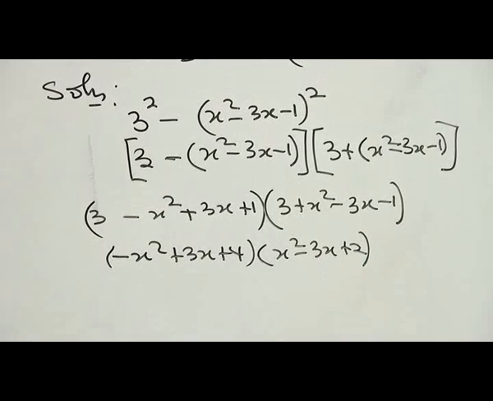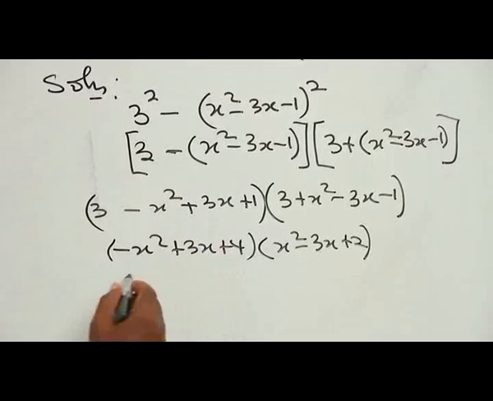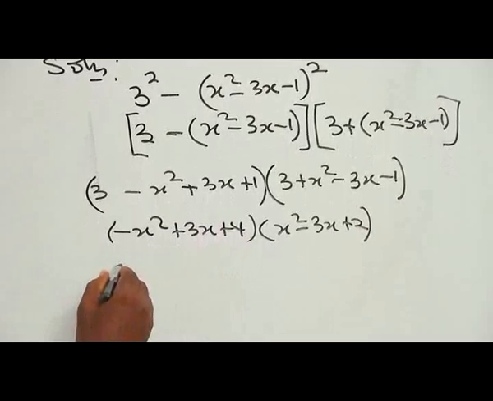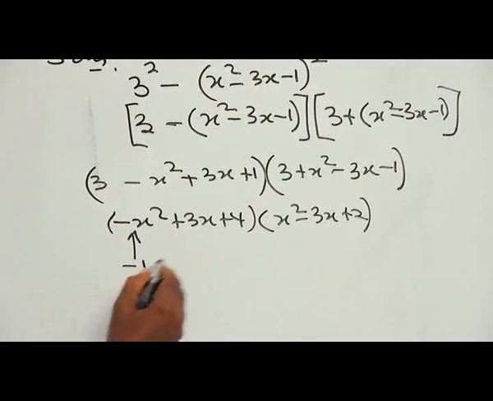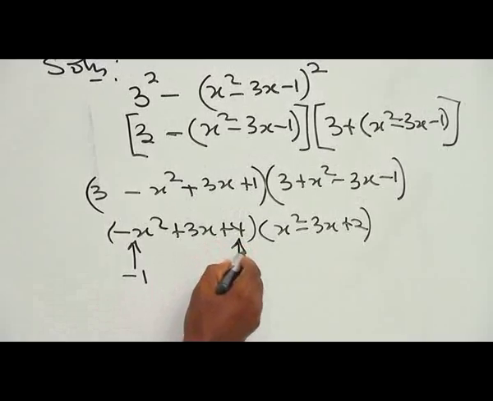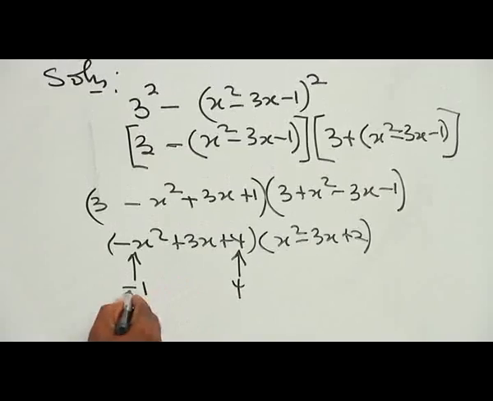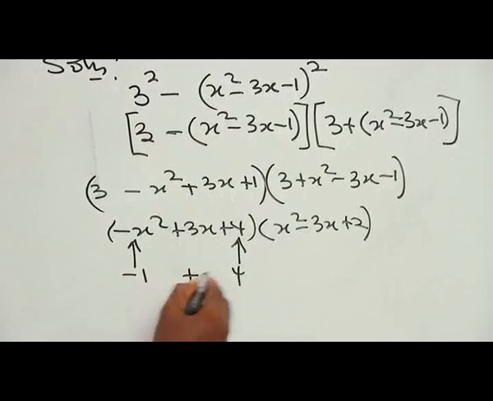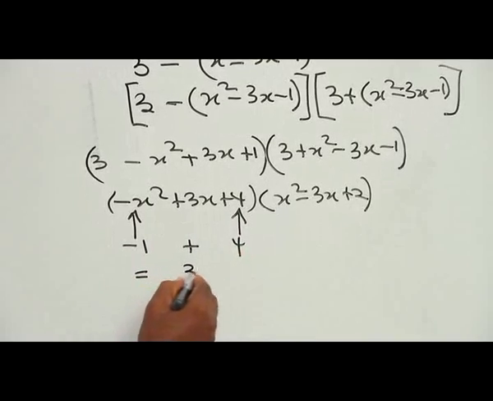Next is to factorize what is inside here. As you can see, the coefficient of s squared is minus 1. The constant term here is 4. And of course, minus 1 plus 4 is equal to 3.